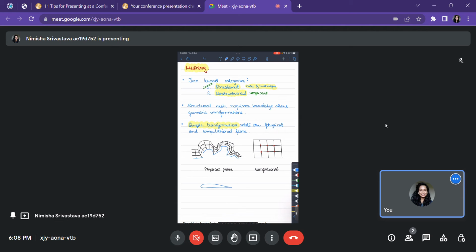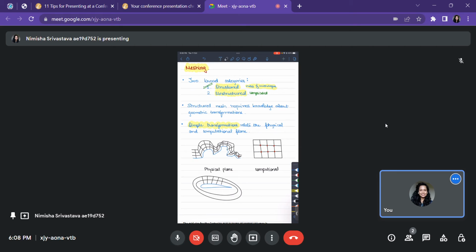So the mesh around this can be represented using structured meshing. There is a certain way to go about it. Structured meshing is a very sophisticated and intricate subject, and it requires a lot of knowledge about geometry and how geometrical transformation happens.